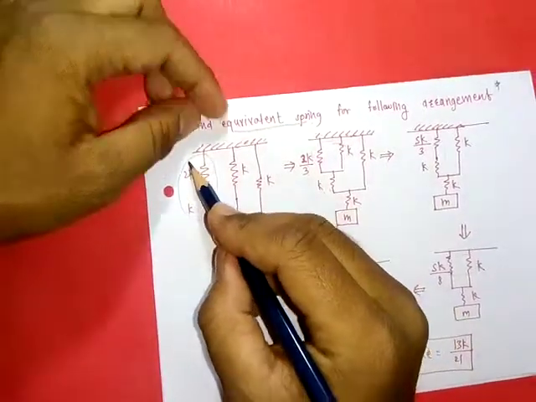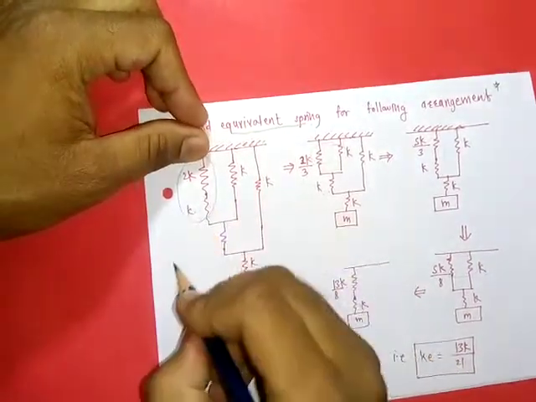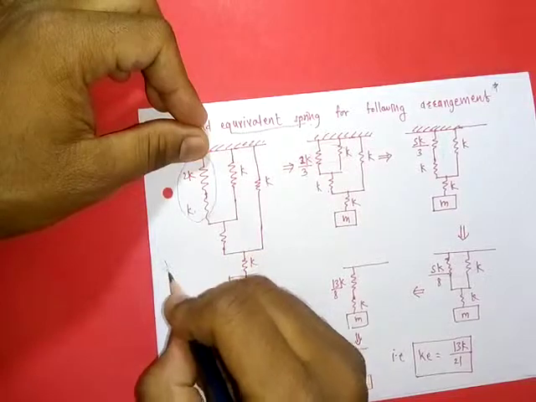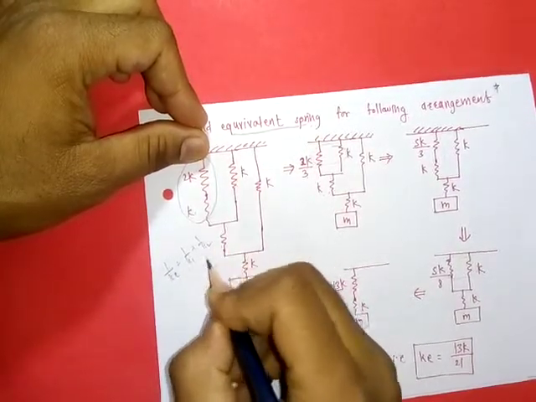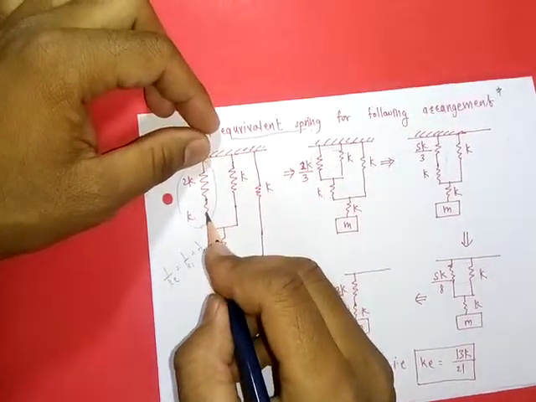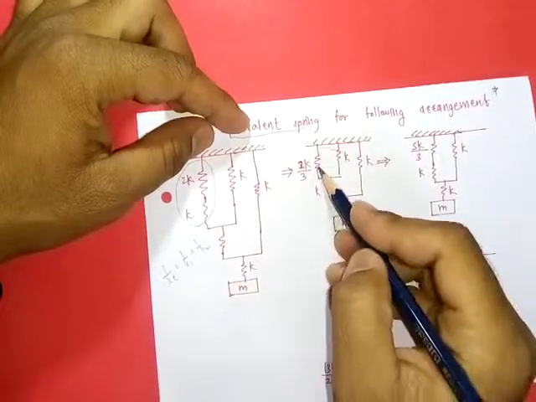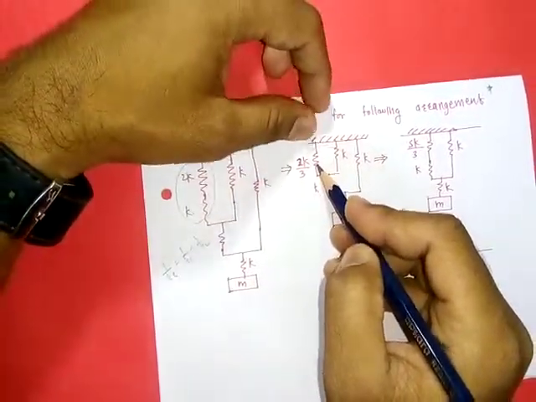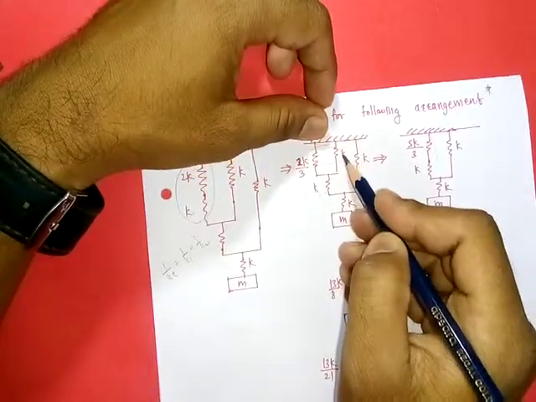If you consider this first part, these two springs are connected in series, so their equivalent will be 1 by Ke equal to 1 upon K1 plus 1 upon K2. Putting values in this equation, we get 2K by 3. So these two springs are replaced by a single spring. Then this spring is in parallel with another spring.